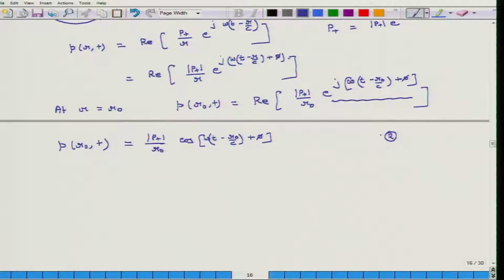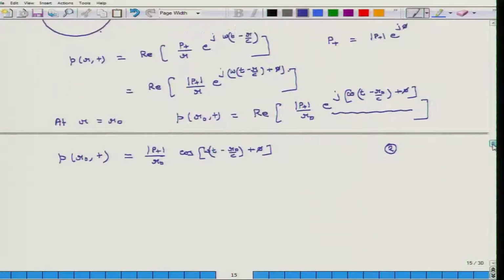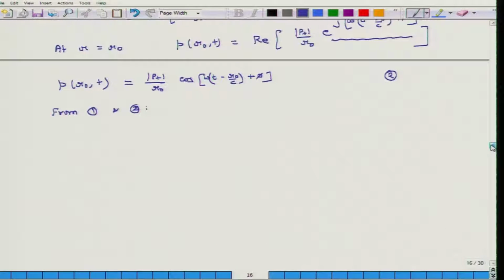Now, we do not know p plus, but if we compare 1 and 2, we can calculate p plus from the boundary condition. From 1 and 2, we get P naught cosine omega t equals p plus by r naught cosine of omega t minus omega r naught over c plus phi.